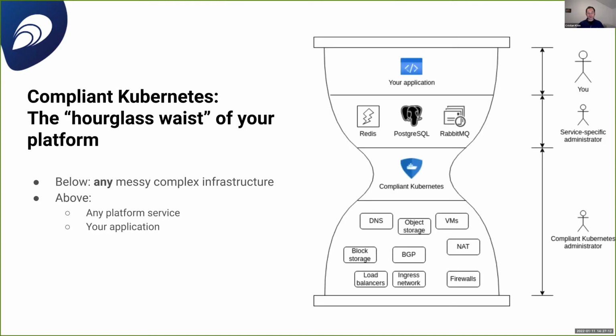So in the end, what you're obtaining is pretty much compliant Kubernetes being what I like to call the hourglass waist of your platform. Let me illustrate this metaphor with something else. Think about how HTTP acts like the hourglass waist of the internet. Below HTTP, you have various messy wireless, wired and mobile networking technologies that all are kind of the same, but all look very different.